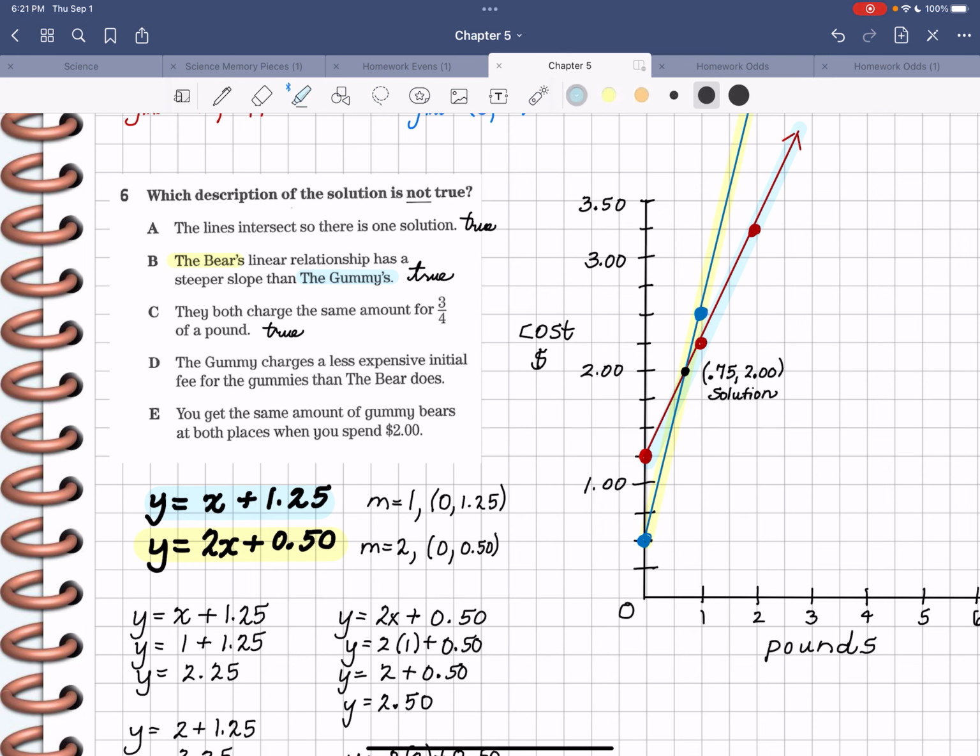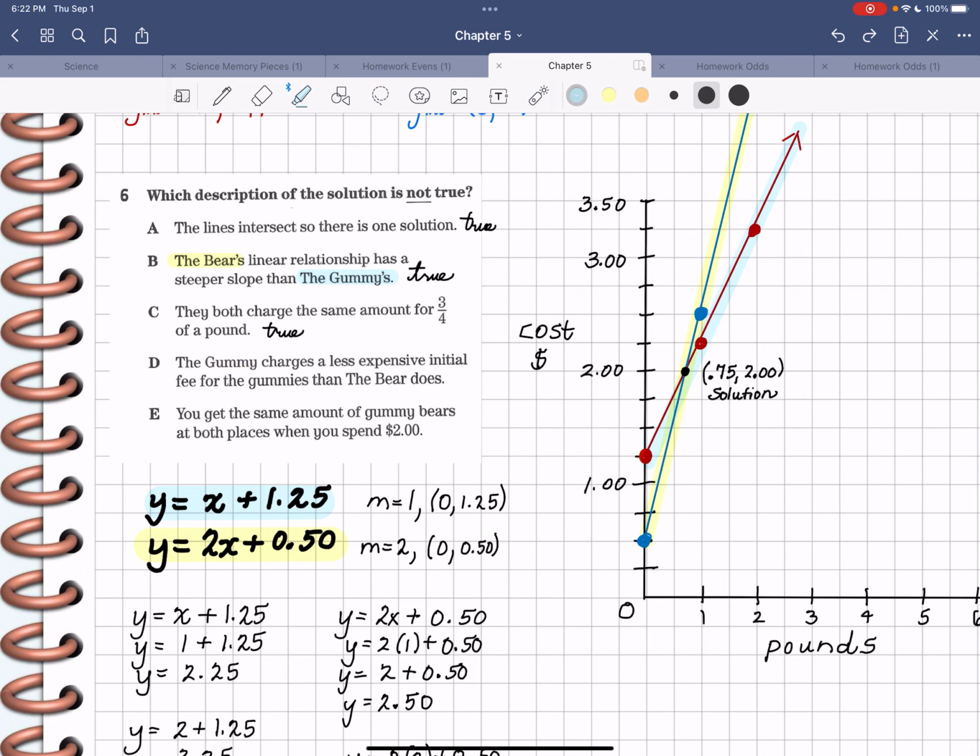The gummy, which is the yellow, charges a less expensive initial fee for the gummies than the bear does. Well, that's saying that the gummy, which charges, wait a minute, I've got those backwards.